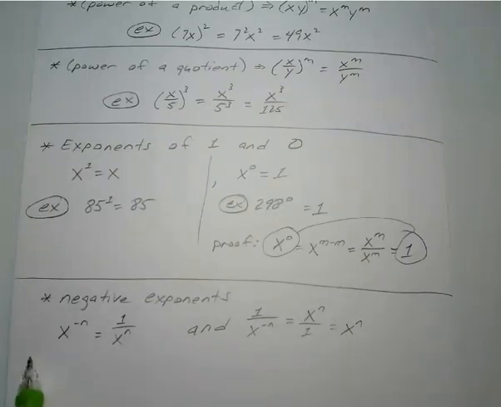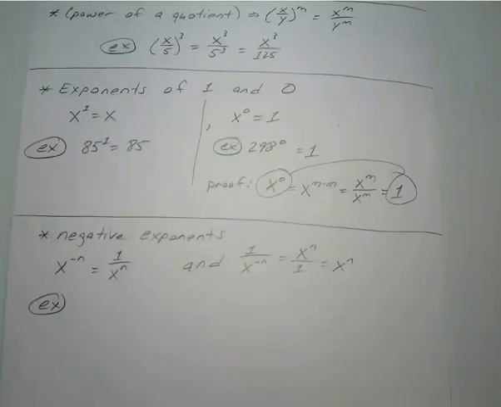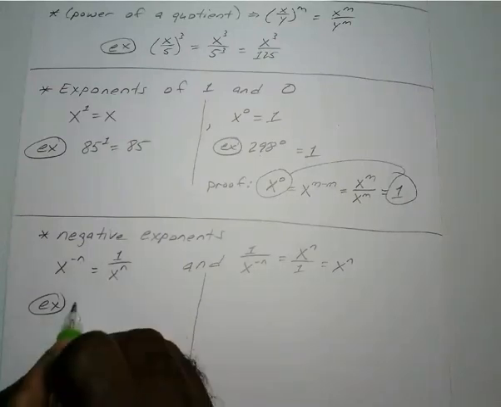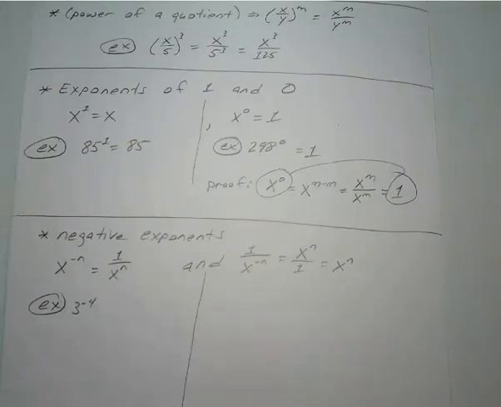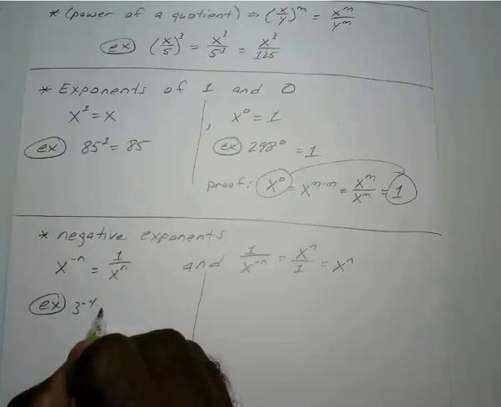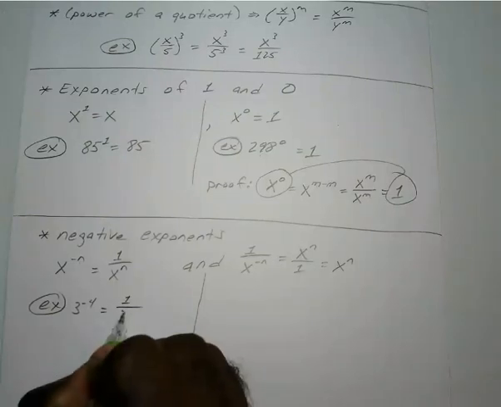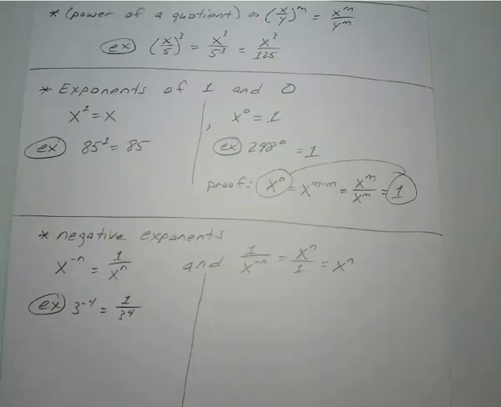Alright. So, for example, for this one, let me move that up a little bit. If you have 3 to the negative 4th power, you would convert that to 1 over 3 to the positive 4th power.